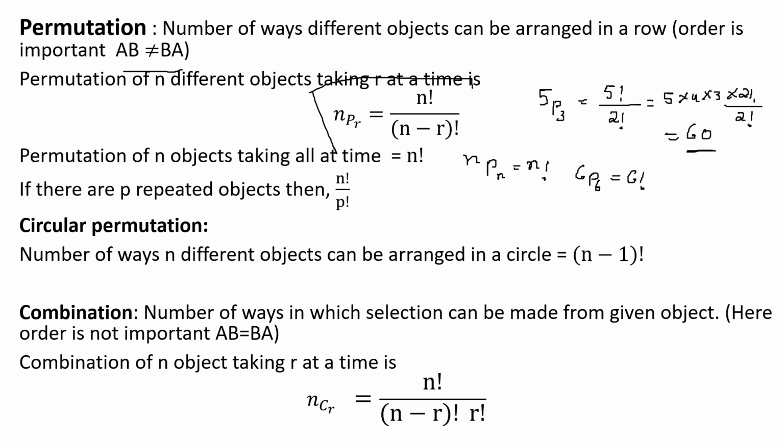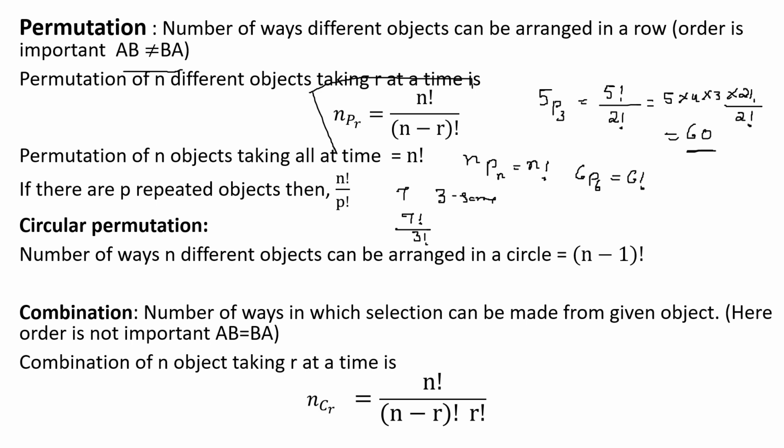Sometimes some objects or alphabets will repeat in the given number or value. Here, the number of times the value is repeated, you have to divide by its factorial. So that will be n factorial divided by p factorial. Say for example, if there are 7 objects in which 3 objects are of the same type, then the permutation will be 7 factorial divided by 3 factorial.